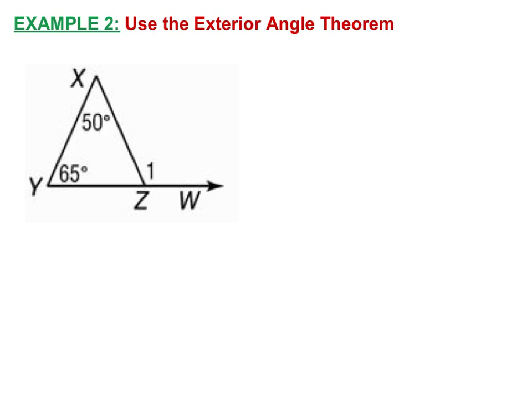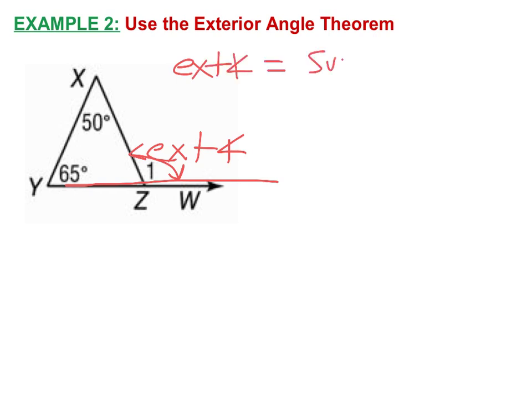Here we want to find the measure of angle 1. That is the exterior angle. It is created when side length YZ is extended, so it's this angle right here. We know from the theorem that the exterior angle is equal to the sum, that's addition, of the remote interior angles.